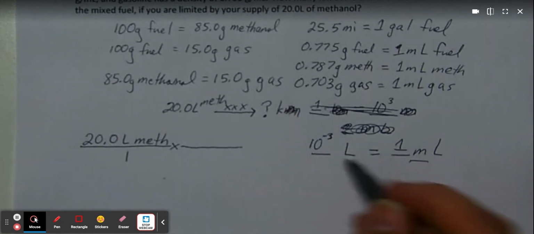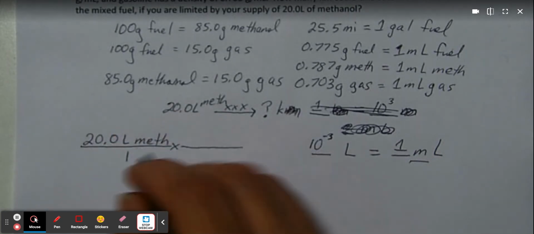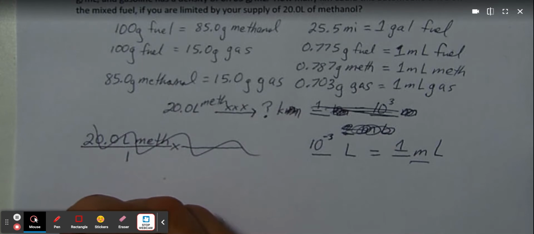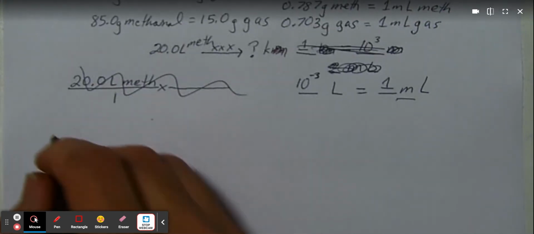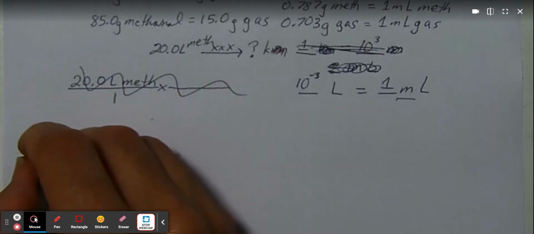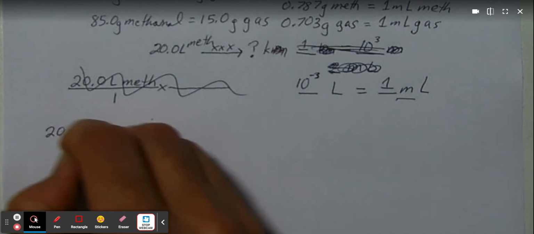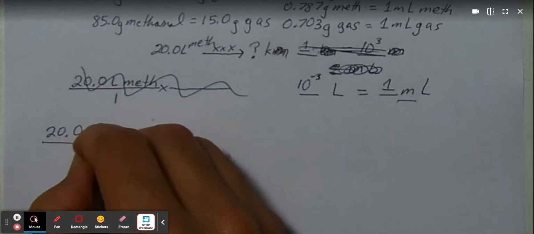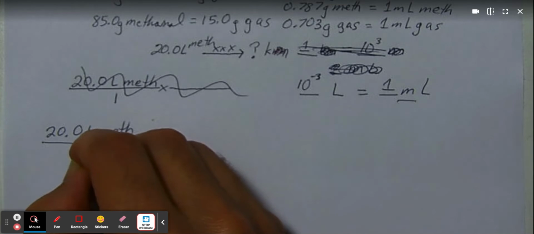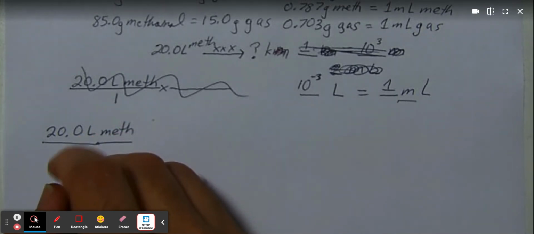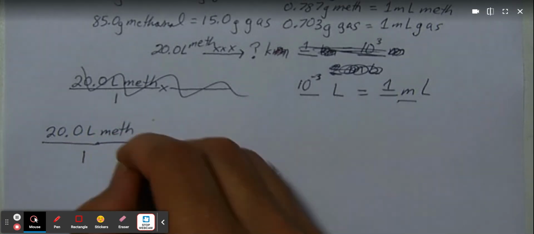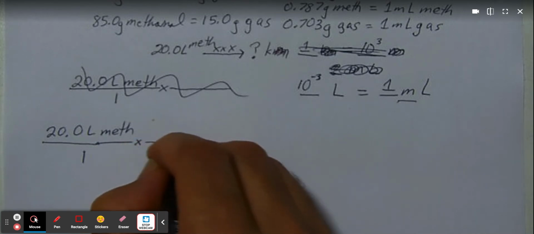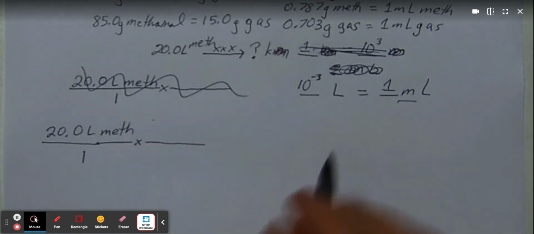So since I used my room here, let me start over. I'm going to give myself some room here. So I have 20.0 liters of methanol. I'm just going to say meth to give myself some room, over 1. I'm going to multiply that by my conversion factor.